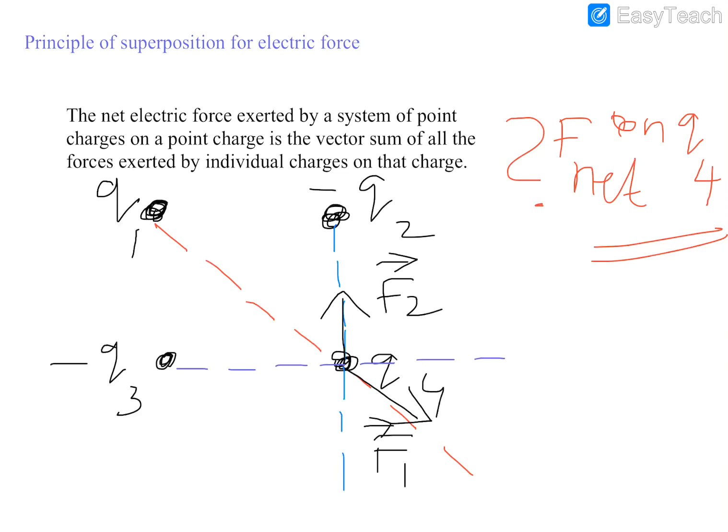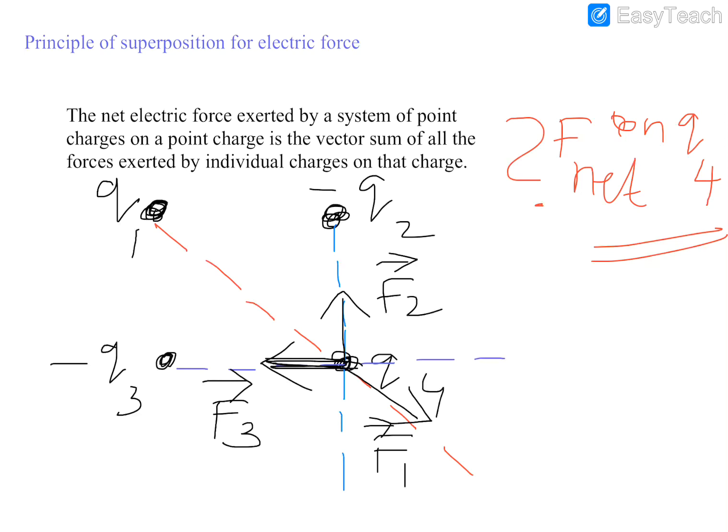Then the force will be attractive. Attractive means the force must move towards the charge which is exerting that force. Q3 is exerting, and hence the force must be in this direction. This is F3 because it is exerted by Q3.